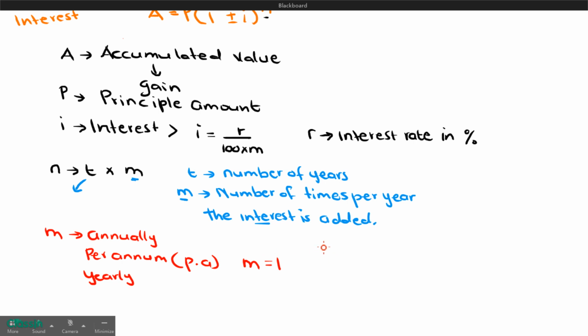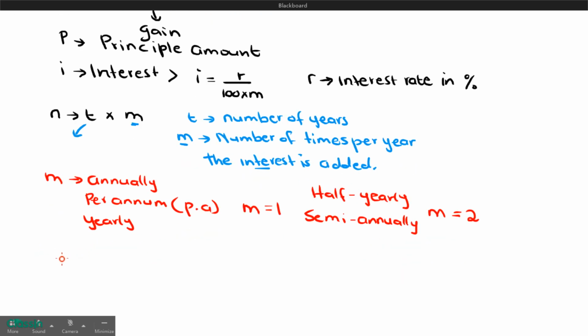And if they say that the interest is added half yearly, semi-annually, this means that M equals 2.